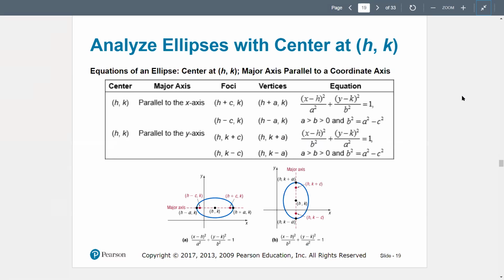I'm not going to go through and read the table. It's there if you need it, along with some really nice diagrams. So I would take the time to write it out or take a picture of it. Or if you need to come back and watch the video, you can do that. If you have the textbook, it's in the textbook as well.